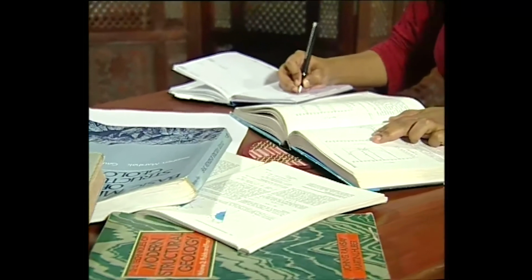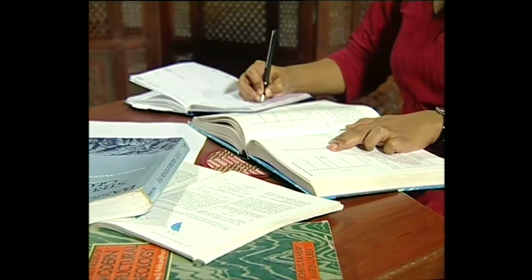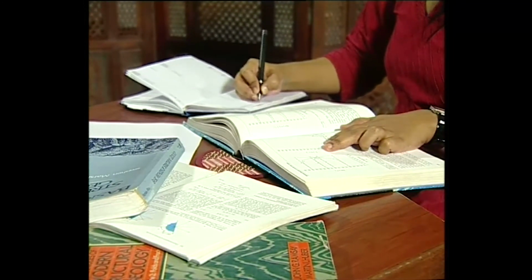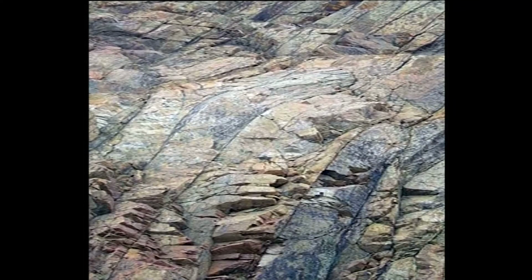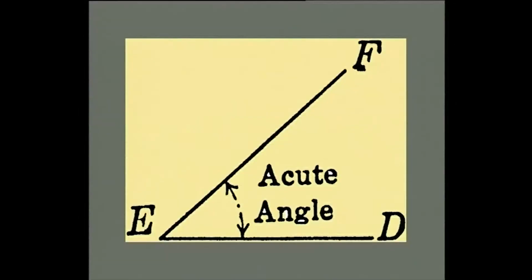The importance of these pinnate fractures is that they have a typical acute angle relationship with the major shear fracture or fault. The acute angle between these two always points towards the direction of displacement.